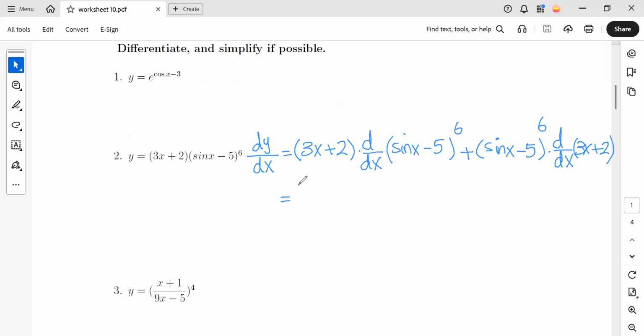So we know that we would copy the first one as it is, and the derivative of the second one is basically a power function. So we would move the power to the front. We would write the same expression with power 1 less, which is 5, and the derivative of the inside, which is sine of x minus 5.